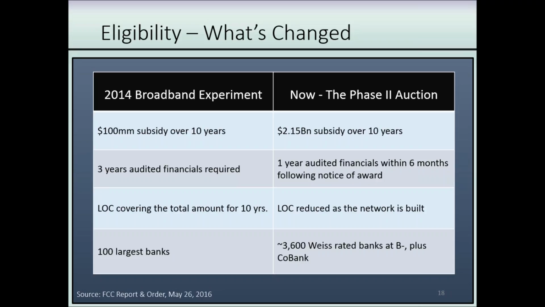In the experiment, we were talking about a funding mechanism of $100 million. Now it's 2.15 billion. In the experiment, 3 years of audited financials were required. In the auction, it's 1 year of audited financials. There's a caveat to that, but without going into a lot of specific detail, it's 1 year of audited financials, and the financials can be provided after you are given notice that you are a provisional winner.